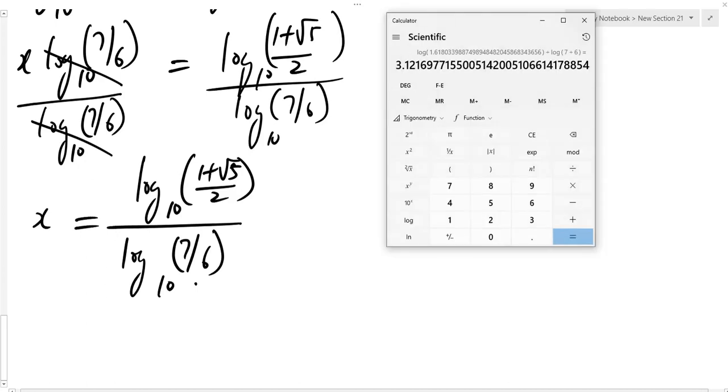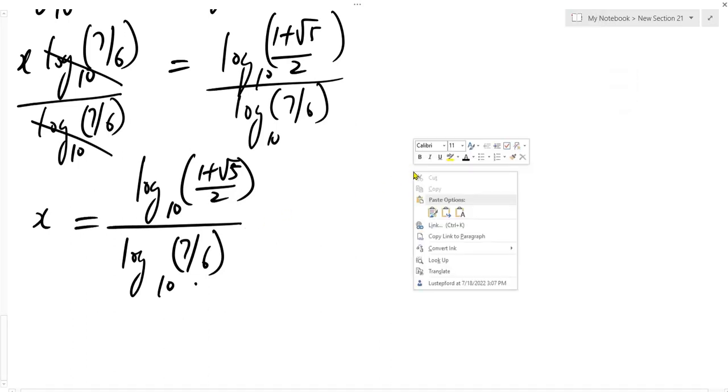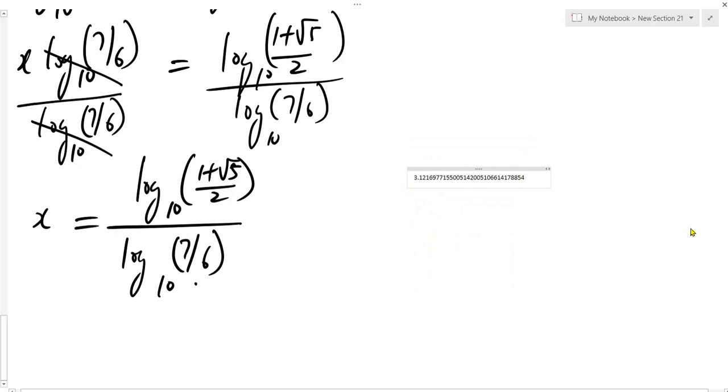Let me just copy this, then copy the answer here, then paste. So the answer here now is x is equal to 3.121698.